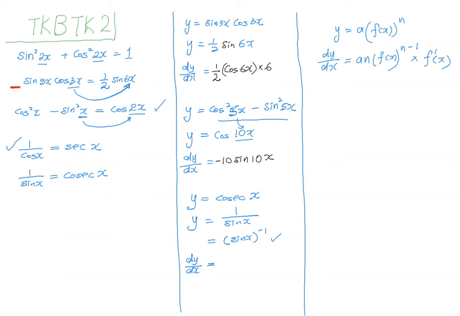So negative 1 multiply sin x to the power of negative 2 multiplied by sin x. No. Oh, is it cos x? How can it be cosec?